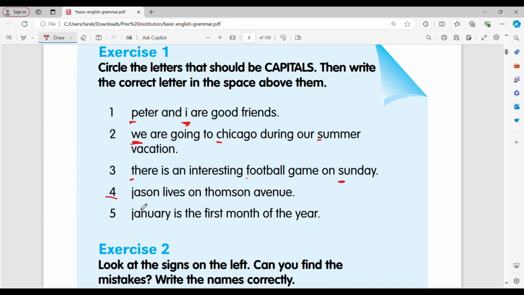So Jason is J. Lives on Thompson, the T should be capital. Avenue, A should be capital also. Okay. Number 5, January is the first month of the year. January, J should be capital, is the first month of the year.